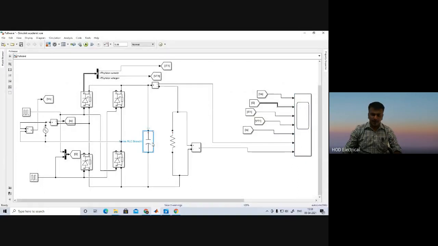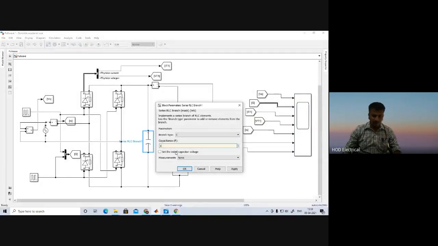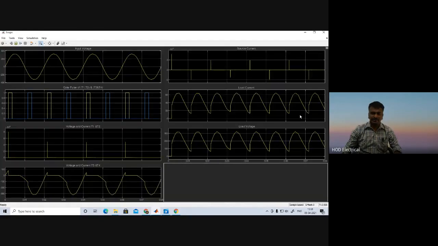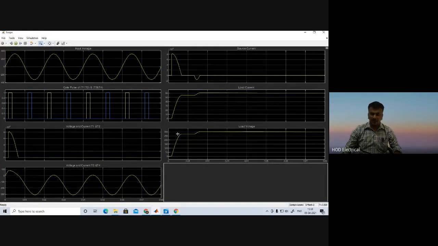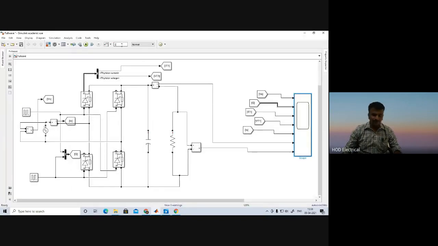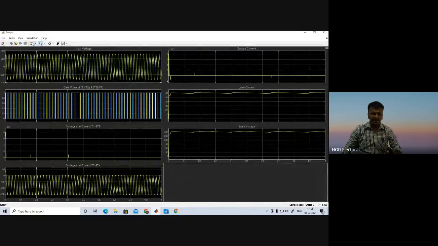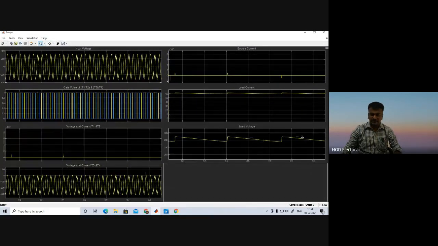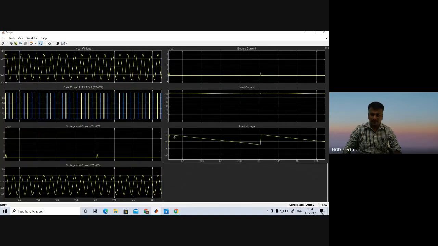If I keep increasing the capacitor to 1 farad, we can see a good improvement in the output voltage. But if you run the simulation for 1 second, we can see some signature of ripples in the DC output voltage. The ripple voltage is varying between 310 and 295, something like that.